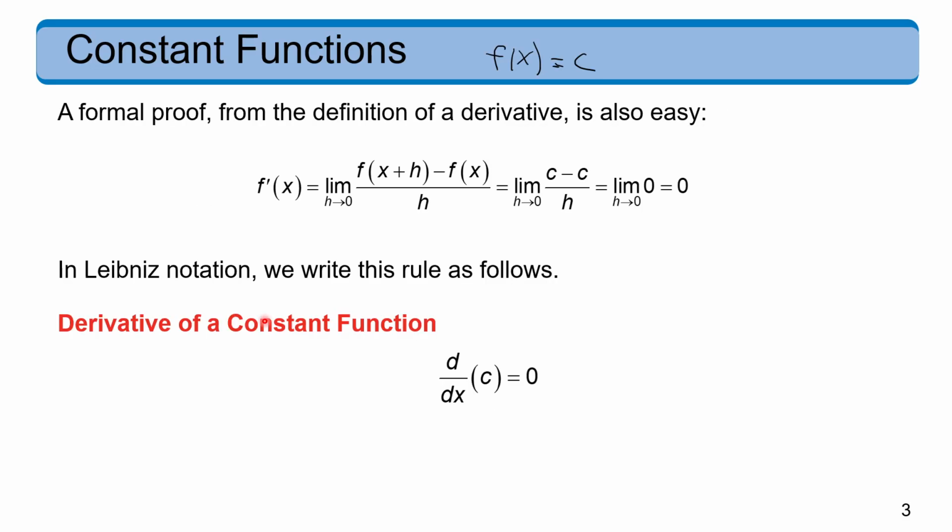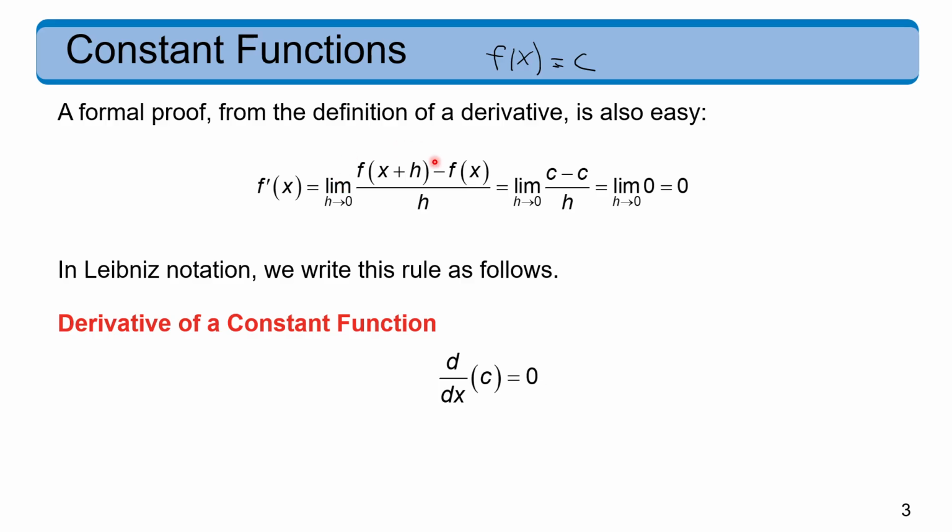Now that we know a graphical reason why the derivative of the constant function would be 0, we can actually prove that by using the limit definition of the derivative. Here we've written the limit definition for f prime of x, and since our formula for f of x is equal to c, that means f of anything is equal to c.